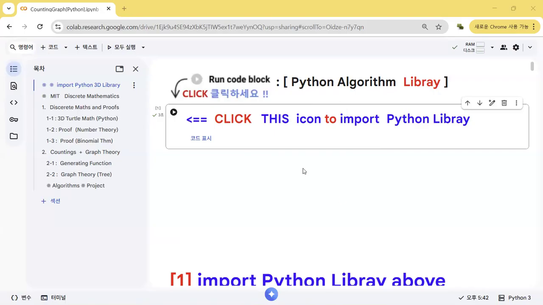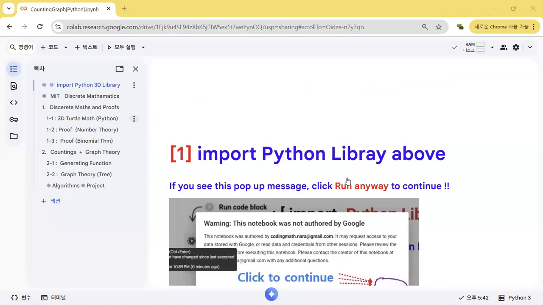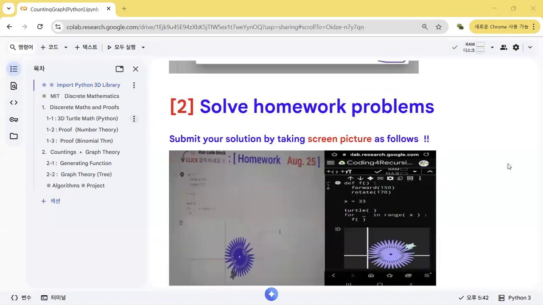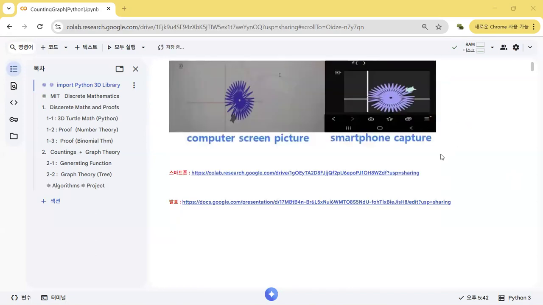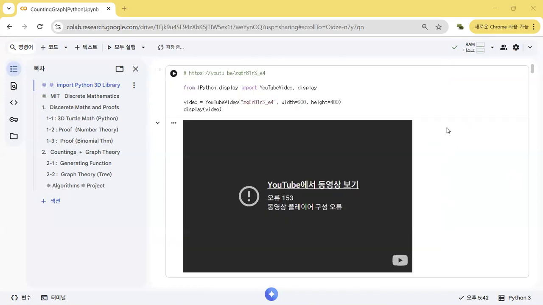By clicking this one, let's go to our homework three. Just move the cursor to the lower place, depending on the computer speed. It also takes time.